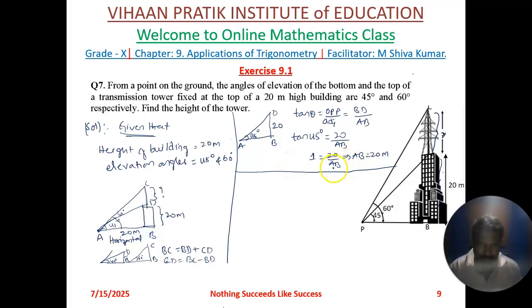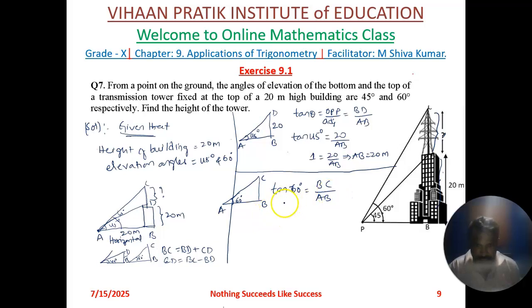Now we got AB. Now we can consider the bigger triangle consisting of AB, BC, and AC. We just found AB. The angle is 60 degrees. So tan 60 degrees equals BC opposite by adjacent AB.